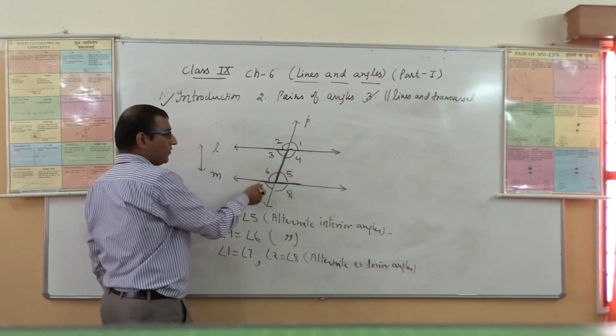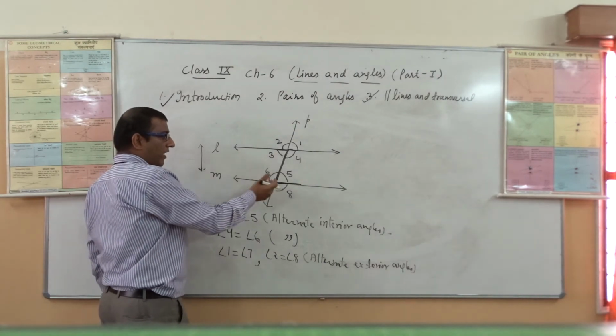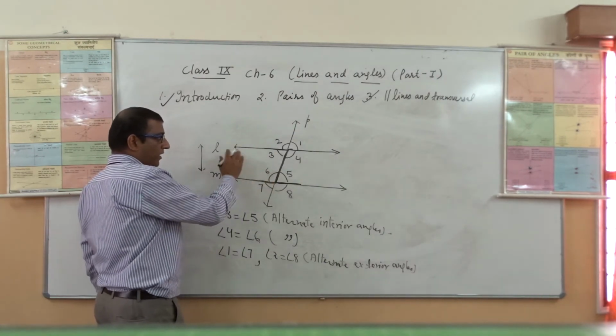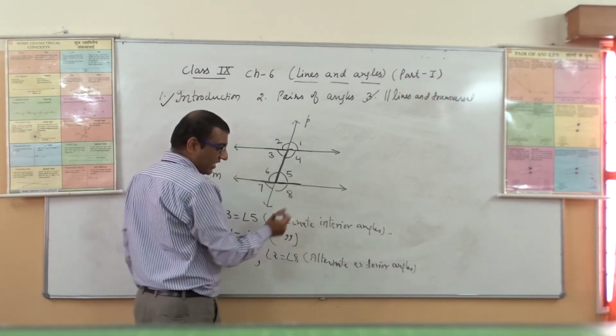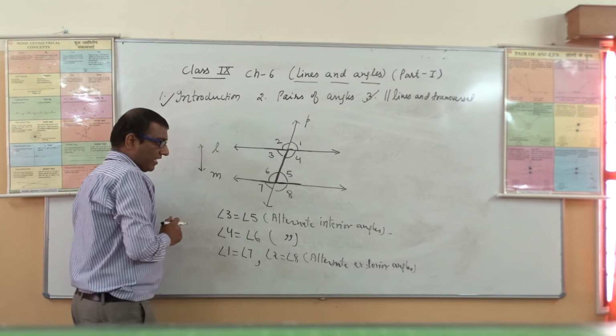Because 1, 2, 7 and 8, all these four angles lie outside the lines L and M. That's why we can say these are exterior angles or alternate exterior angles.